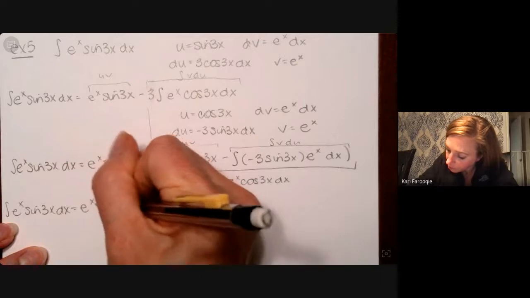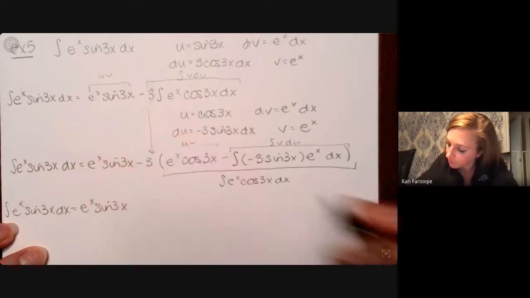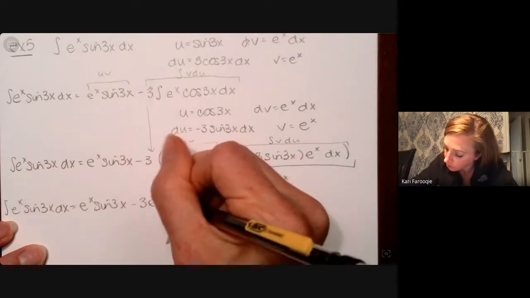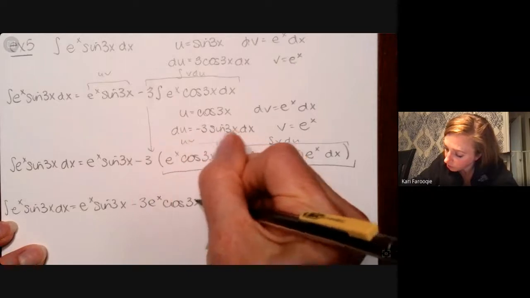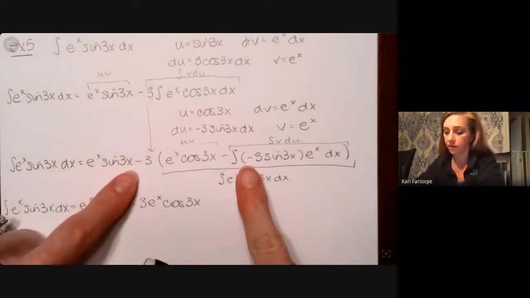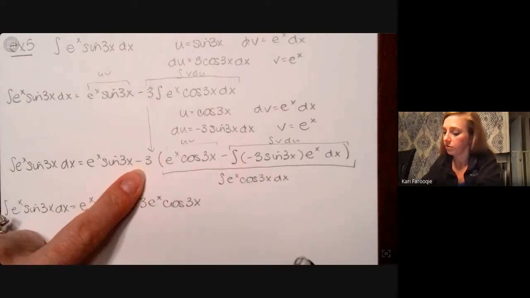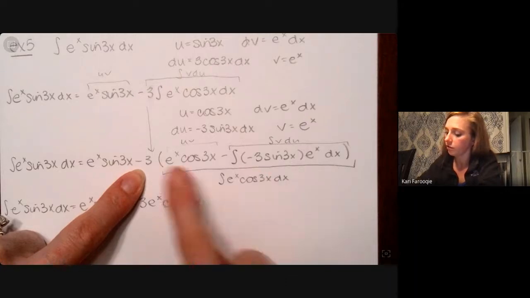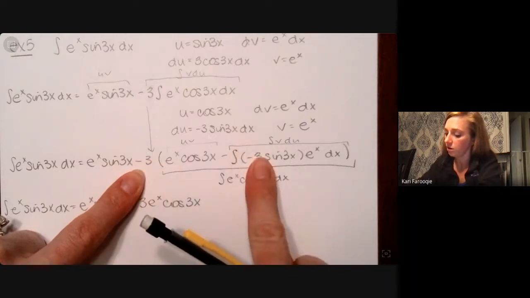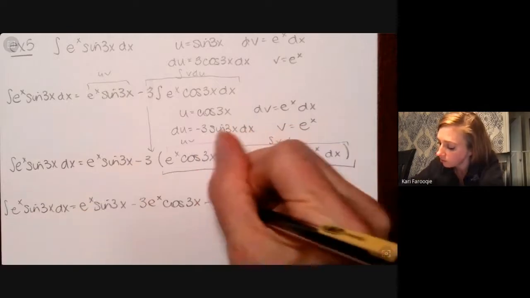All right, so the first term doesn't change. The second term becomes minus 3 e to the x cosine 3x. And then in the third term, you have 1, 2, 3 negative signs. So that's going to stay negative. And then you have the 3 that gets multiplied in. 3 times 3 is 9.